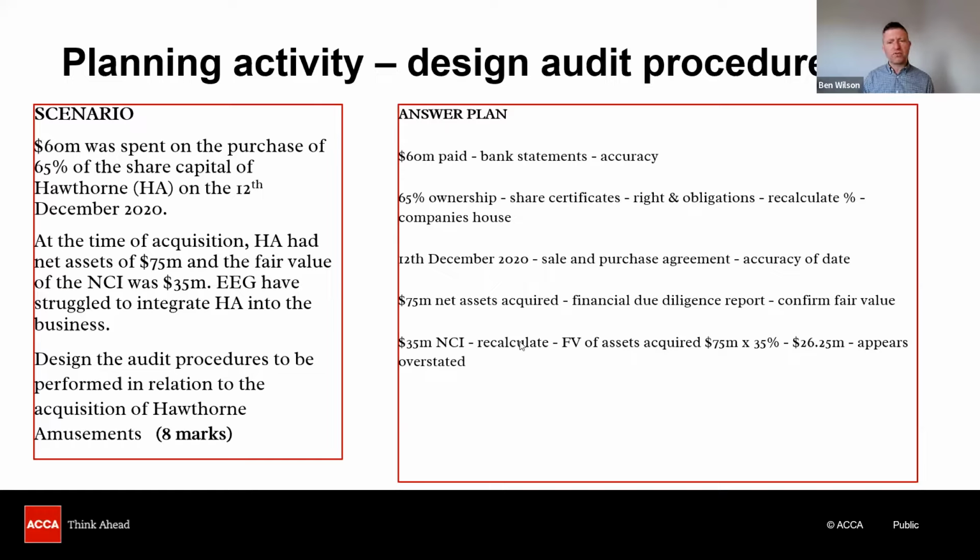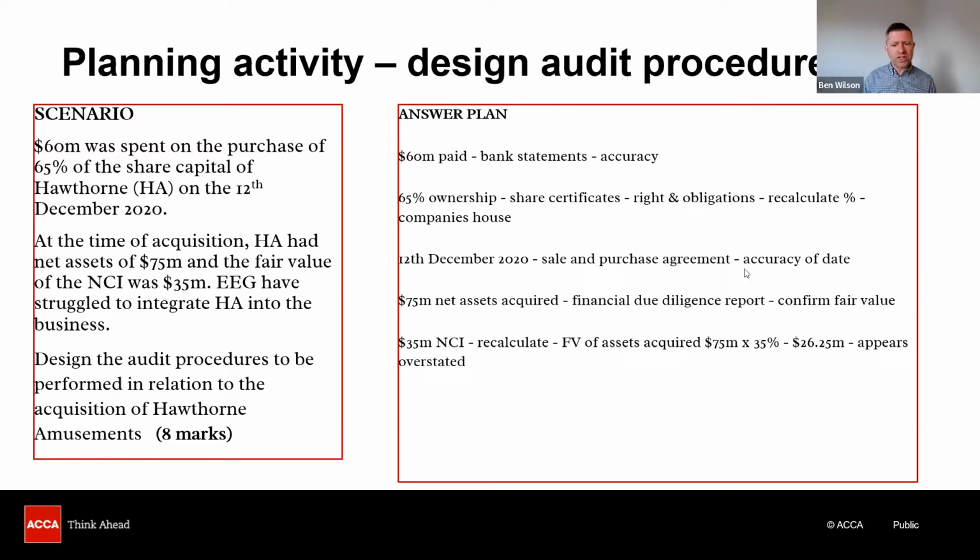So I'm going to recalculate that 35 million, because based on the figures I'm given, 75 million that I acquired and the 35% that I don't own, it looks like it should be 26.25 million rather than 35 million. So it appears to be overstated. Now I'm starting to drift into an audit risk that it appears overstated.